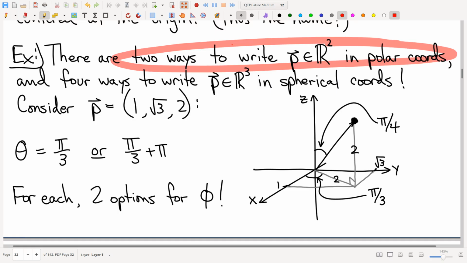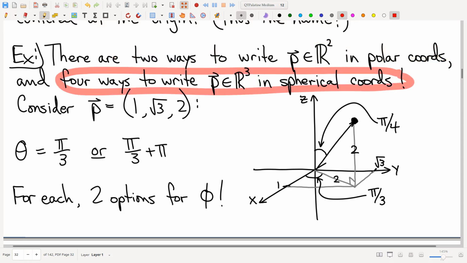Well, now we have two different angles, each of which gives you two options, and 2 times 2 is 4. There are 4 different ways, not including the fact that you can always add 2 pi to any angle. So important. But there are effectively 4 different ways to write a point in spherical coordinates.